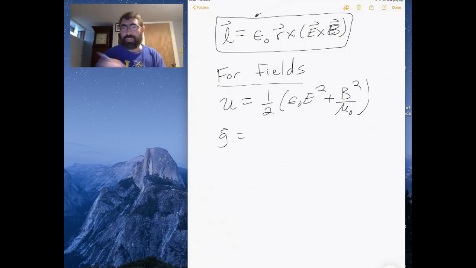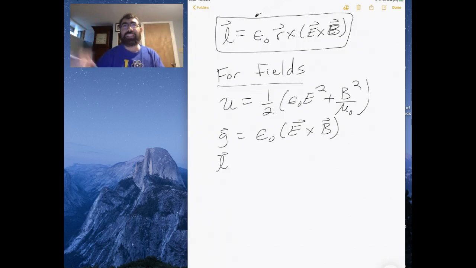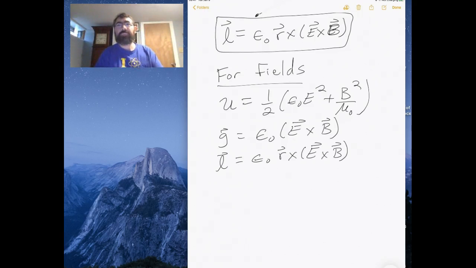The linear momentum density, we said, was epsilon naught the electric field crossed into the magnetic field, and the angular momentum density is epsilon naught r crossed into the cross product of the electric and magnetic fields.